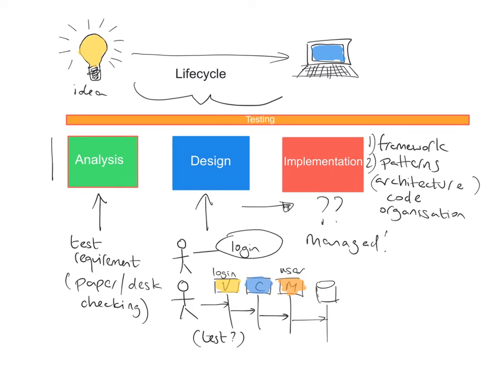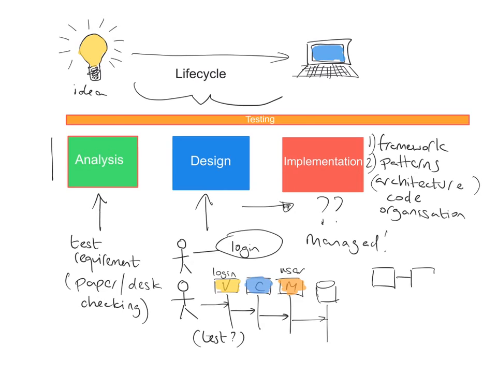Now, architecture in this sense, I'm referring to the physical layout of your software. Software often can be just sitting on a single machine, which is very rare nowadays, and I doubt you'll be building anything that's just in one place.